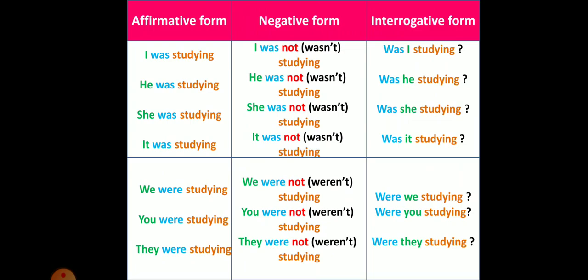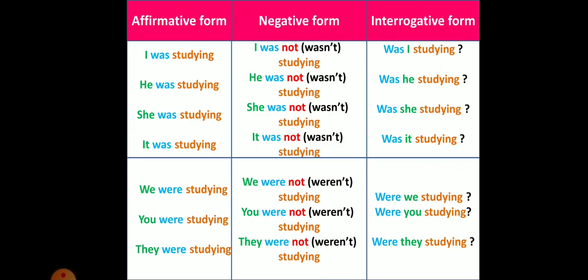Here wasn't is the contracted form, or the short form, of was plus not. He was not or wasn't studying. She was not or wasn't studying. It was not or wasn't studying. We were not or weren't studying. You were not or weren't studying. They were not or weren't studying.